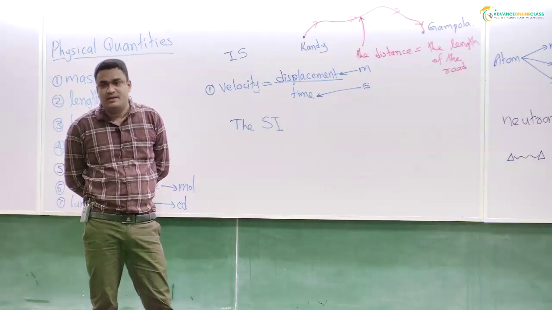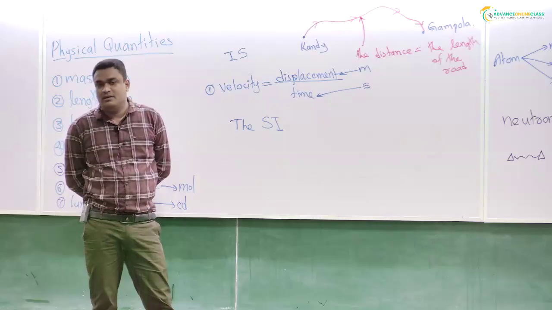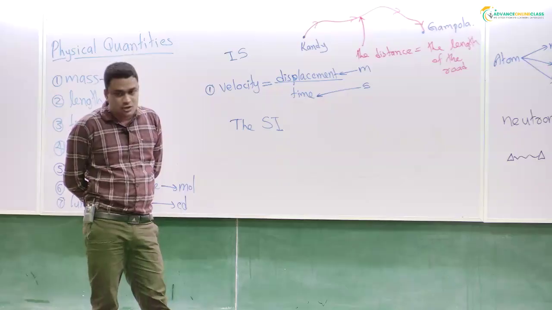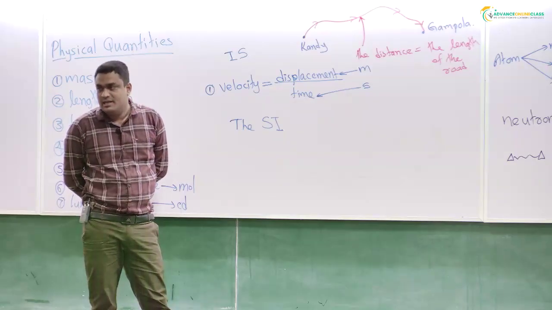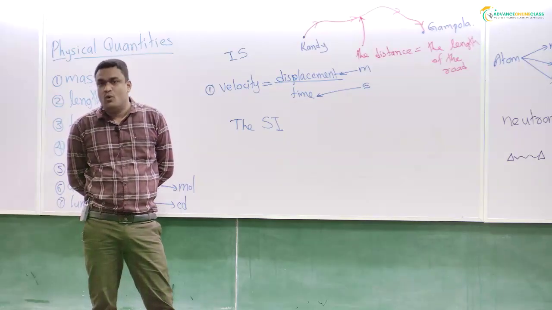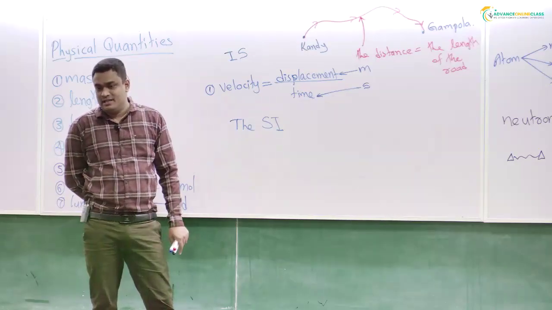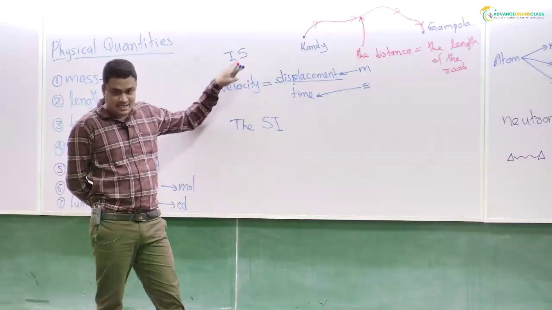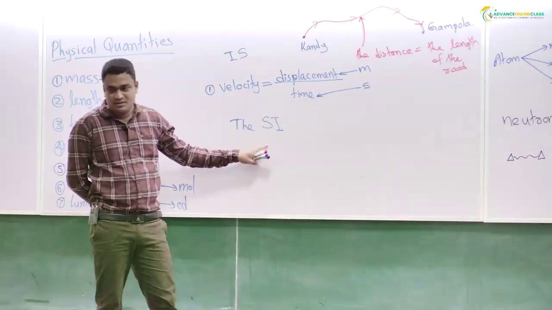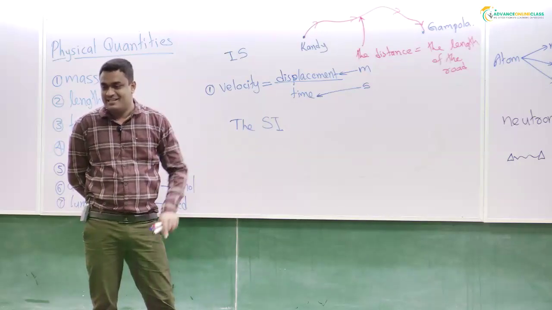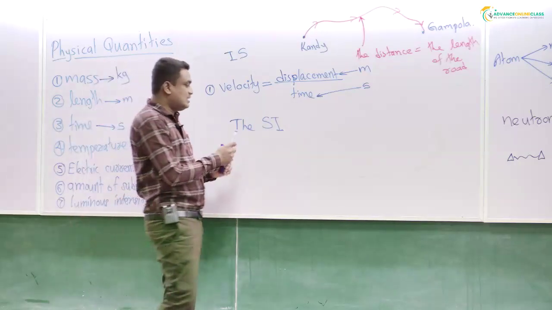France is the country, the French had done a lot to introduce a system of units for all the countries in the world. Therefore, we use the French form. The English form is IS, International System. The French form puts system first, international next. So what is the SI?